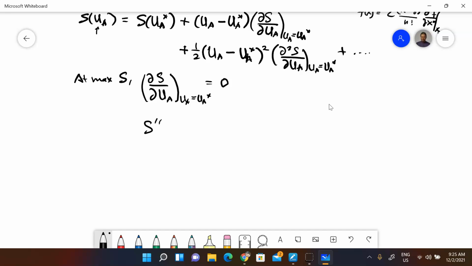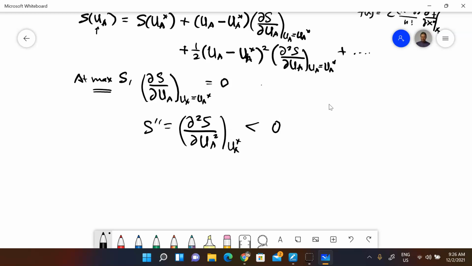S double dash equals the second derivative at U_A star, and for this to be a maximum, remember this is a maximum here, so this has to be less than 0.